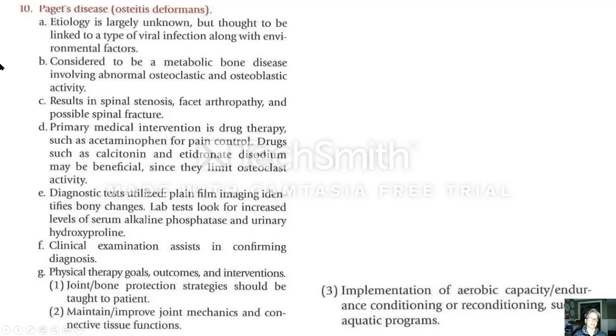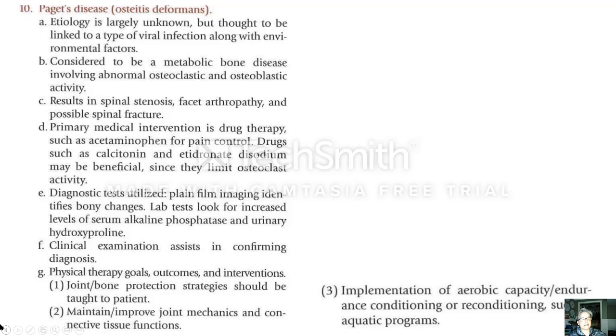Paget's disease. Etiology is largely unknown, but thought to be linked to a type of viral infection along with environmental factors. Considered to be a metabolic bone disease involving abnormal osteoclastic and osteoblastic activity.